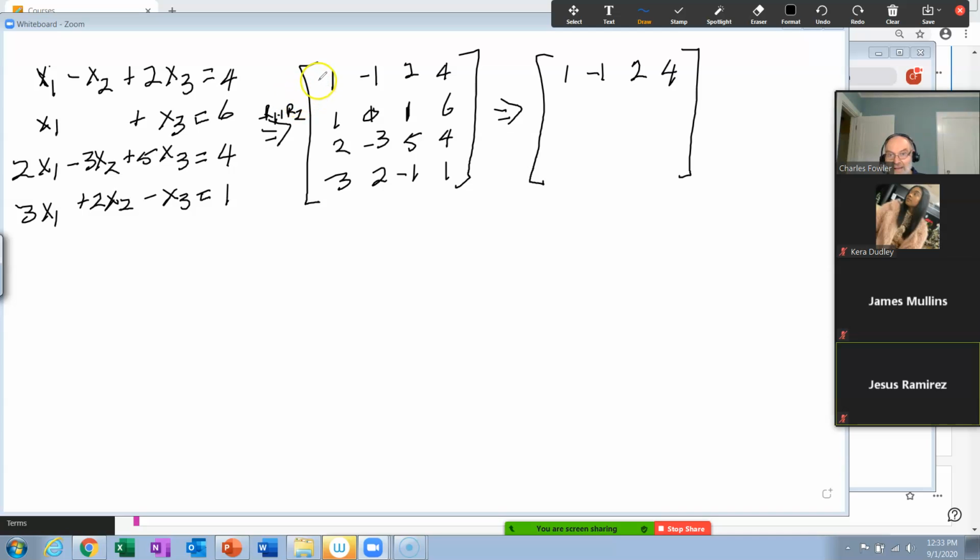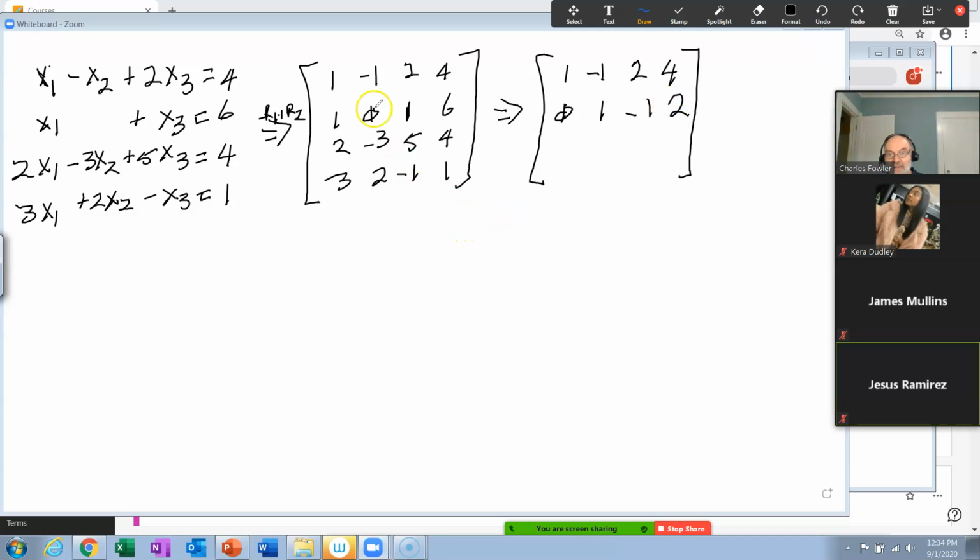Then when you do minus row 1 plus row 2, that becomes a 0. Minus row 1 would be 1 plus 0 would be 1. That's working out nicely. Minus 2 plus 1 be a minus 1. And minus 4 plus 6 would be a 2.